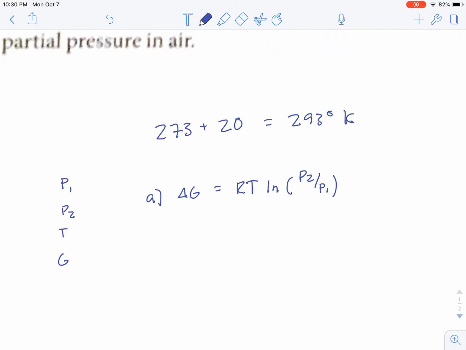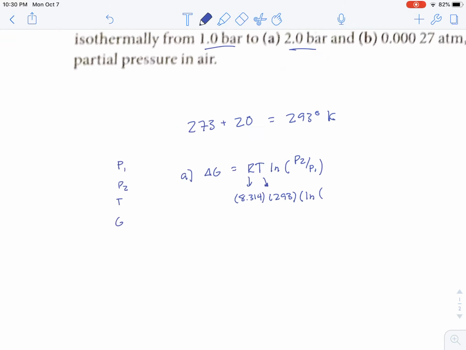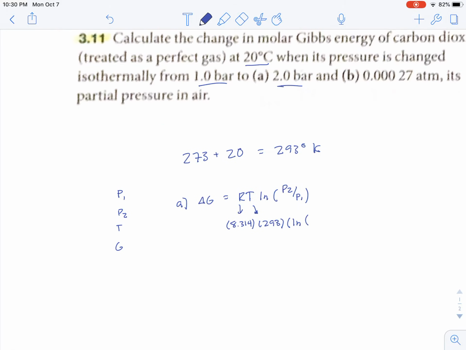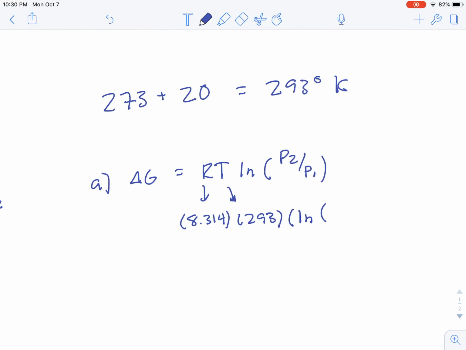R is just our ideal gas constant, 8.314. T is the temperature we just found, 293. Then we have the natural log of P2 over P1, where P2 is 2 bar and P1 is 1 bar, so it's just 2 over 1.